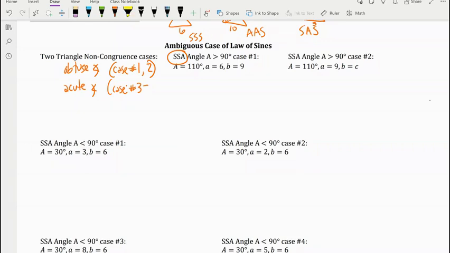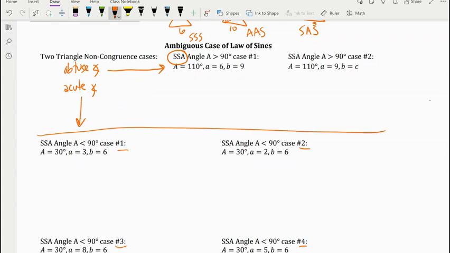I shouldn't call these cases, since I also called them cases 1, 2, 3, and 4. But basically you can have obtuse or you can have acute. You can have an obtuse ambiguous case of law of sines, or an acute ambiguous case of law of sines. So let's go through each of these, and then you'll have a better idea of what I mean by non-congruence.